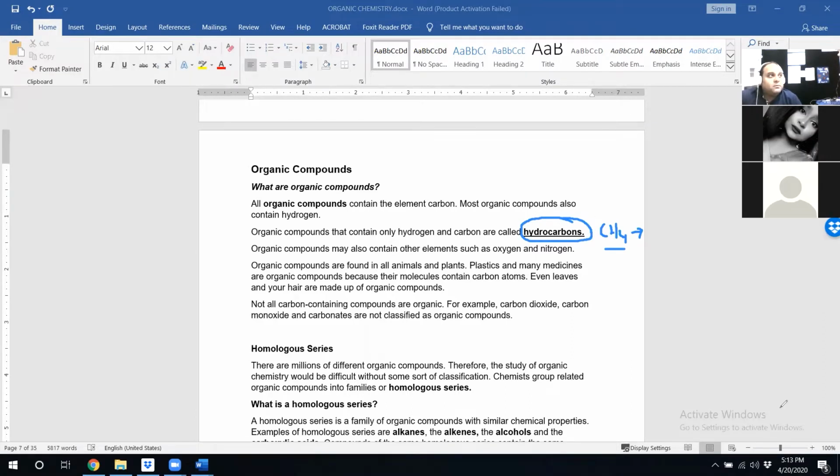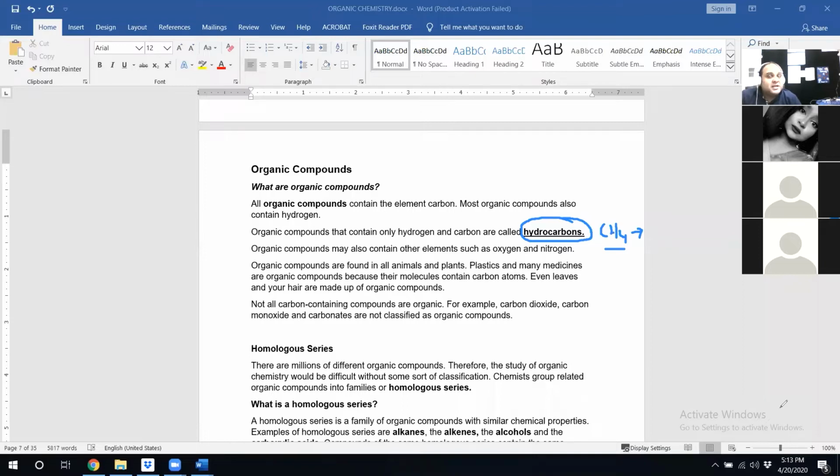So apart from carbon and hydrogen, organic compounds can also have oxygen, nitrogen, sulfur. We have already studied sulfur. If you remember from air and water, or even from the last chapter, one of the main causes of acid rain is sulfur.